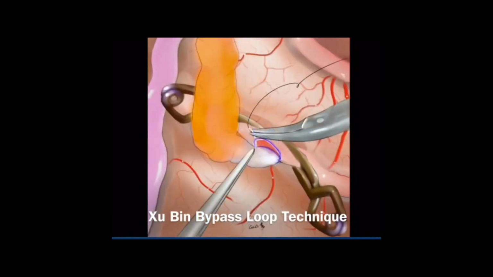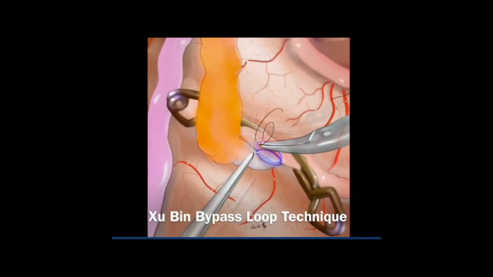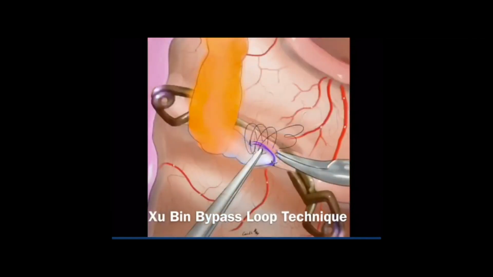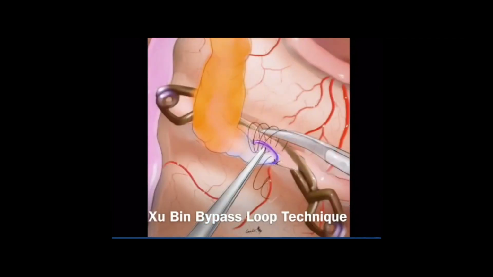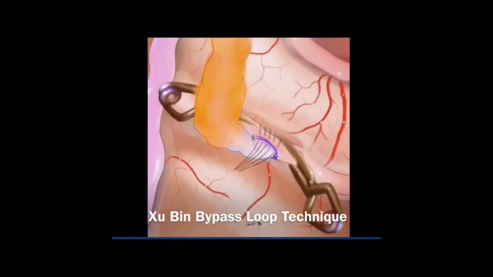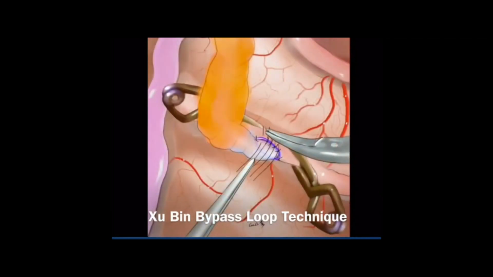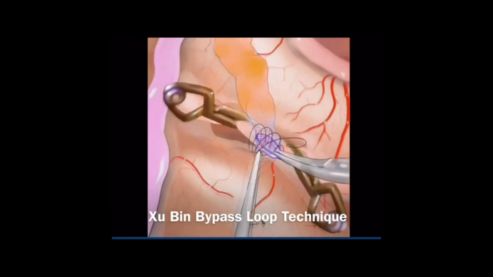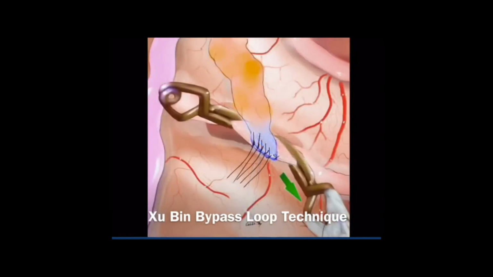The first stitch to the toe, then here, then on one side you make 5 loops, cut the loops, and then make the interrupted suturing.